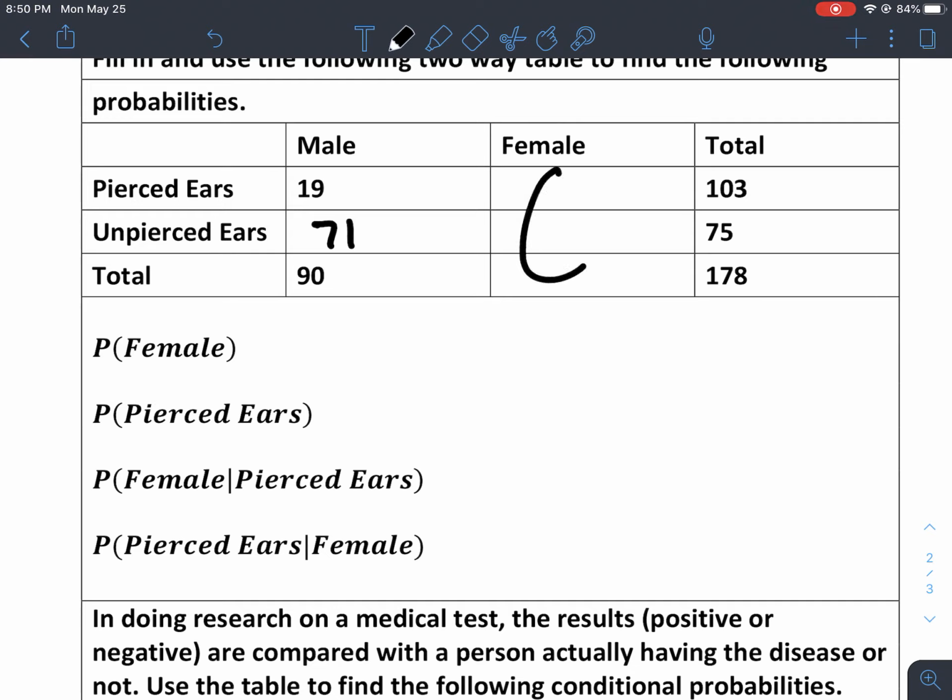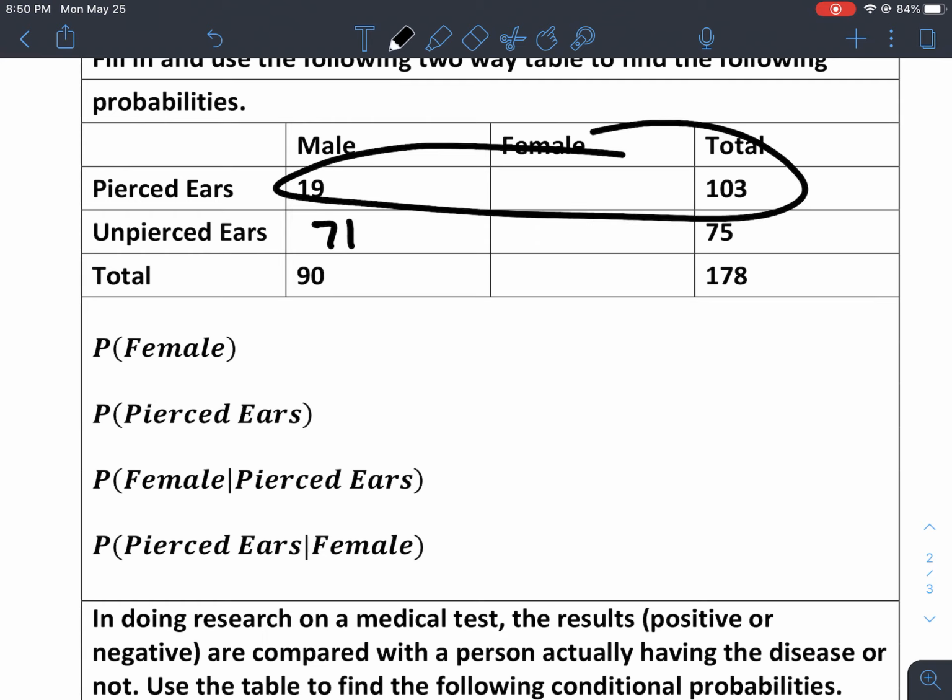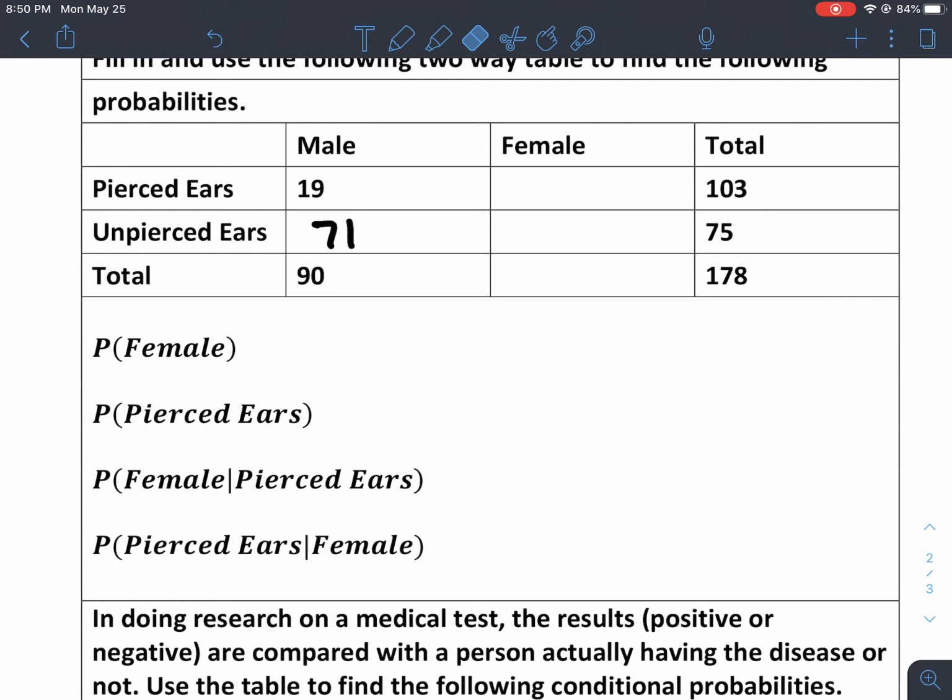Then I go, I know nothing about the females, but let's use some of these things. I know that of people who have pierced ears, only 19 are male, and there are 103 total. Sorry, this two-way table is making assumptions about gender being binary.